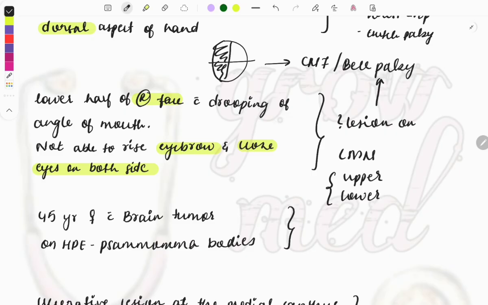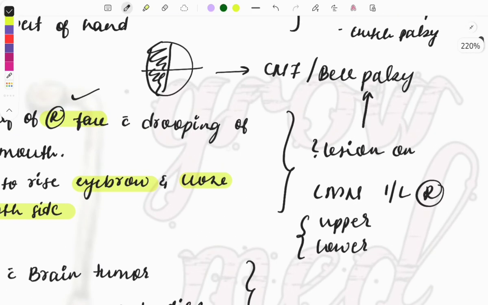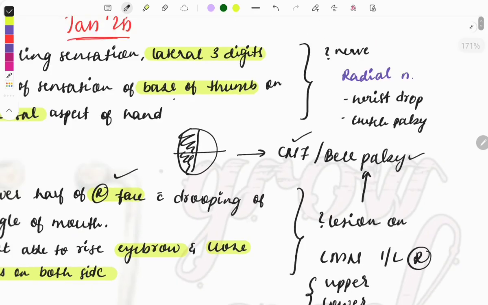As the right side of the face is involved, and the lower motor neuron lesion is ipsilateral, it is on the right side. Right side lower motor neuron is involved. This was given in the options and this was the answer. If they ask what the diagnosis is, then you should go with Bell's palsy, or if they ask which cranial nerve is involved, then cranial nerve 7 will be the answer.